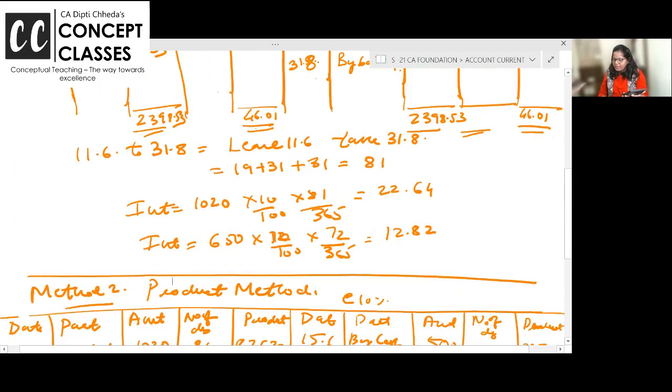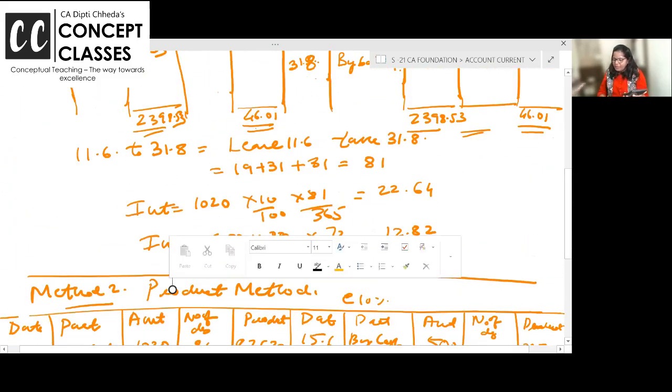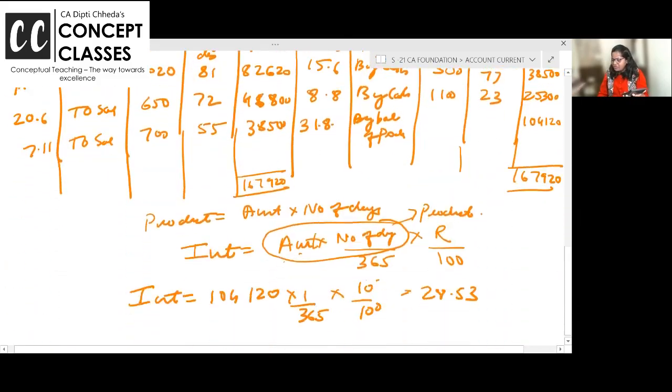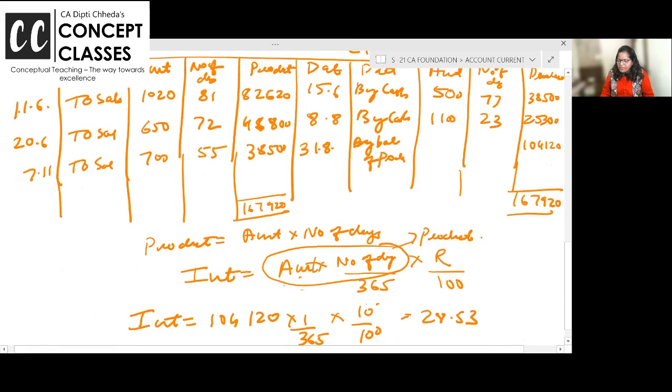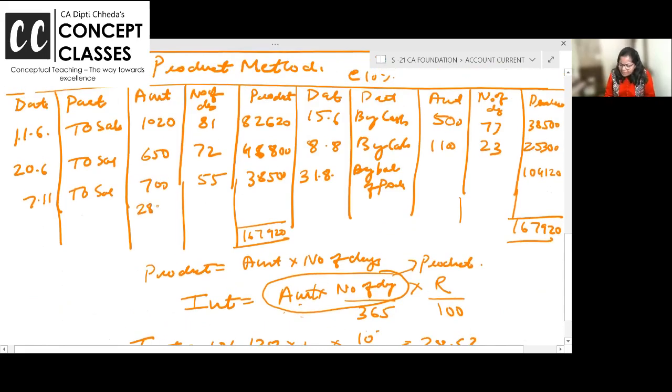Look here, same. 28.53 interest came, same 28.53. We multiplied amount and number of days, then product divided by 365 into 10%. 28.53, write it in the main amount column.